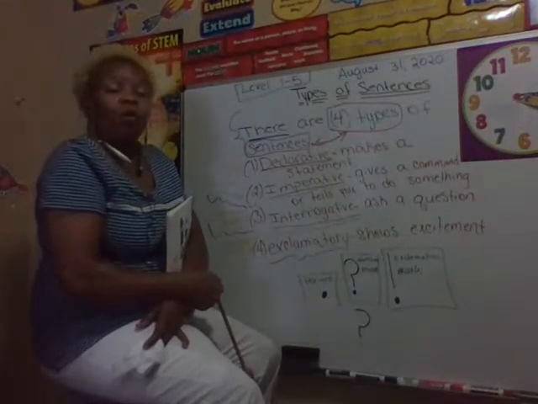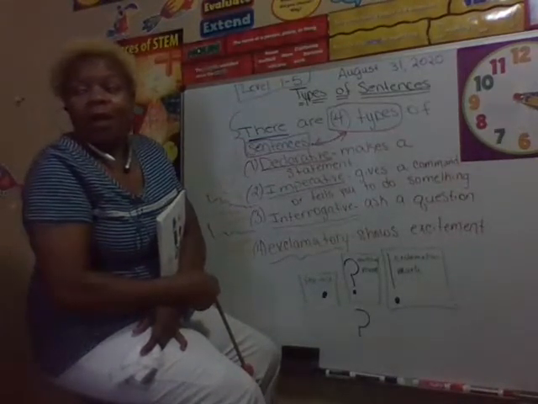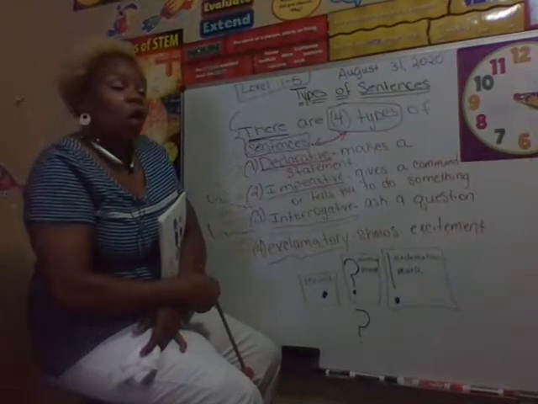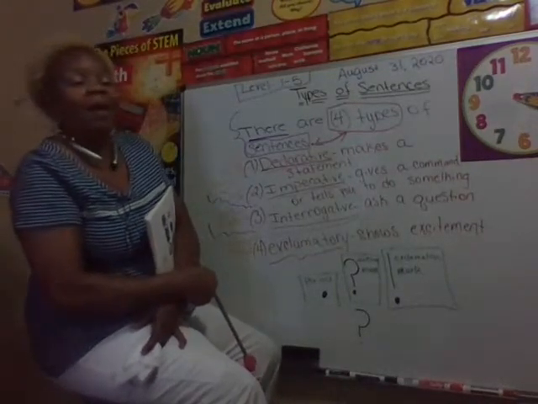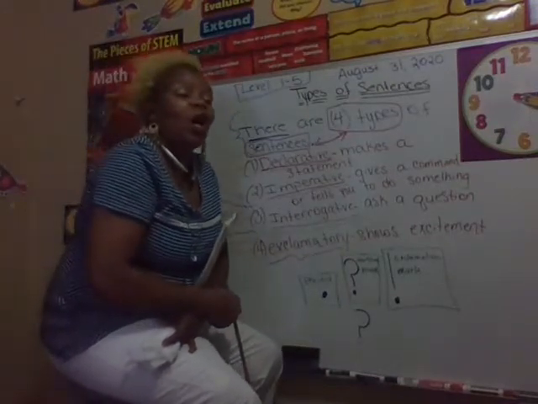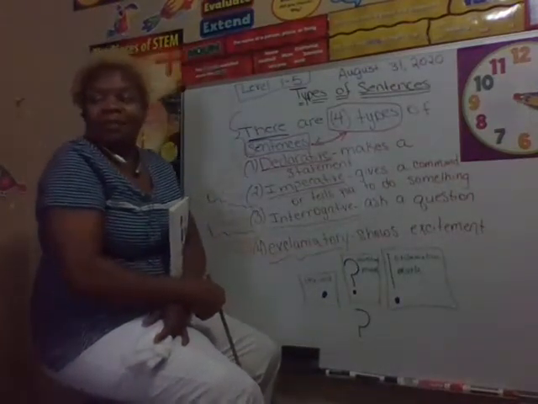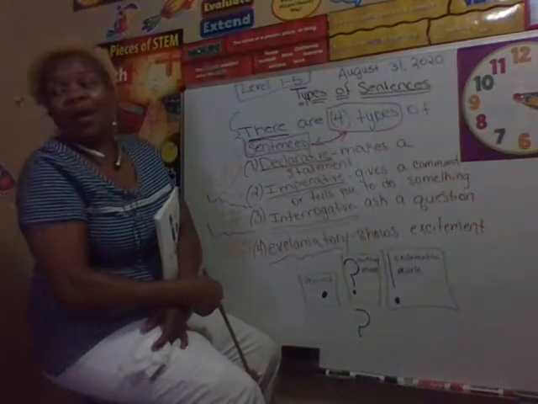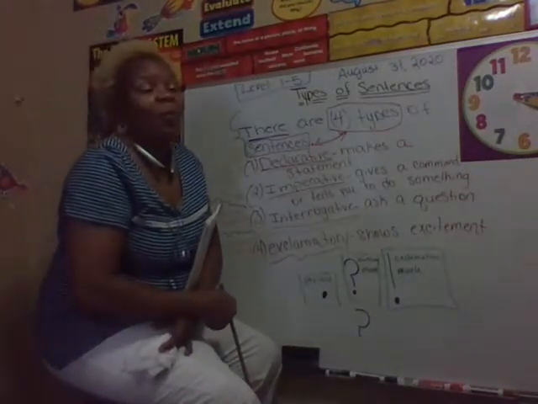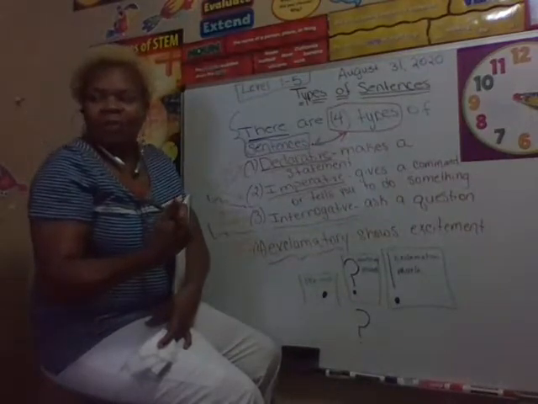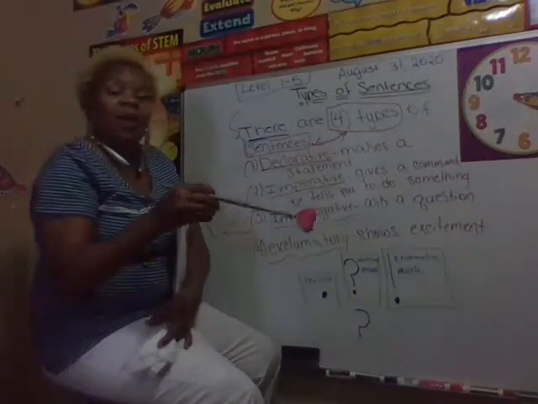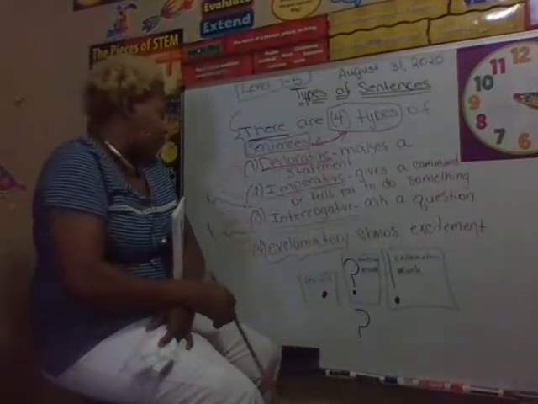Go clean up your room. Go put up your toys. Go comb your hair. Go put on your clothes. Go do your work. Turn your page. I am giving you some rules, because I am telling you to go and do something.